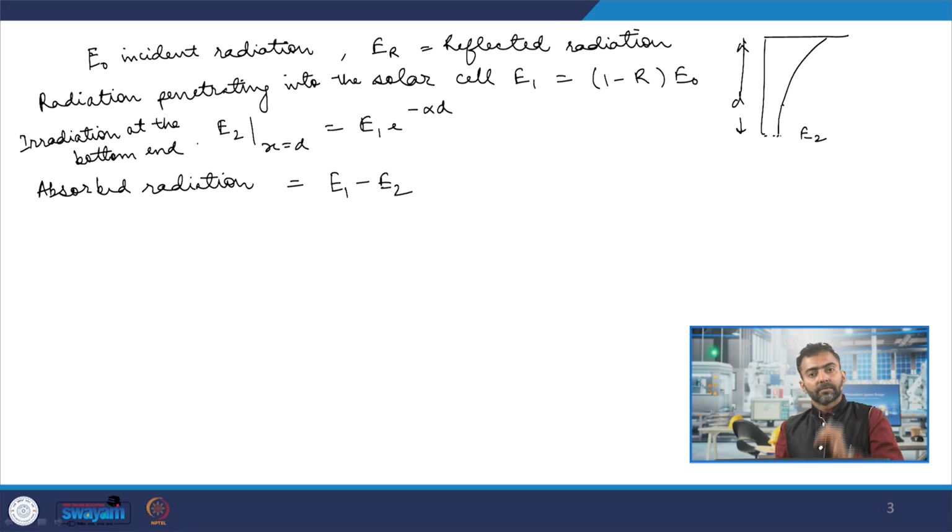So if E1 was initially what entered, and E2 is what is still remaining, then the absorbed radiation is nothing but E1 minus E2. And now we define the absorption efficiency.